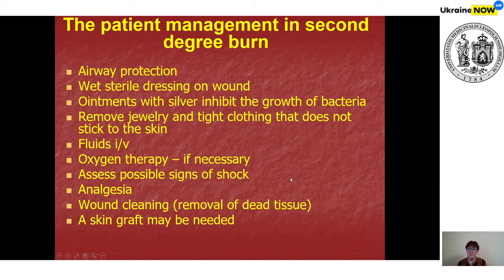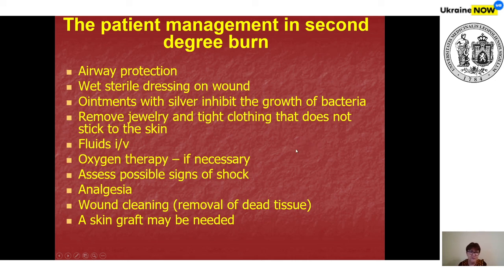Patient management in second degree burns includes airway protection, wet sterile dressing on the wound, ointments with silver inhibiting the growth of bacteria, and removing jewelry and tight clothing that does not stick to the skin.